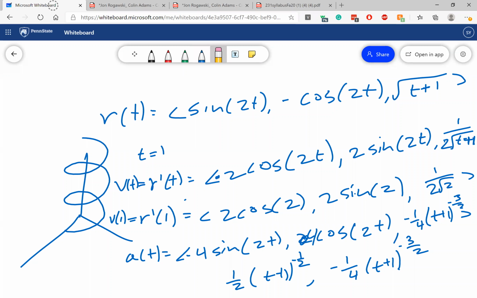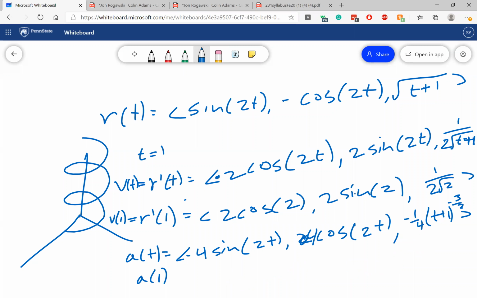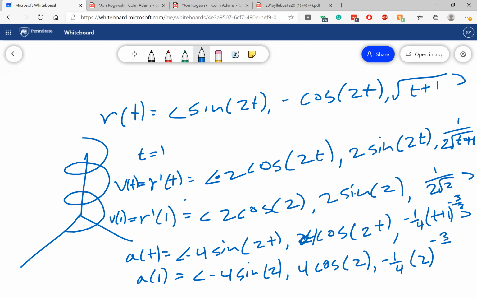That's going to give us the acceleration vector. And then the acceleration vector at t equal to 1 is going to be negative 4 sine of 2, negative 4 cosine of 2, and negative 1 over 4 times 2 to the negative 3 over 2. Any questions about this?